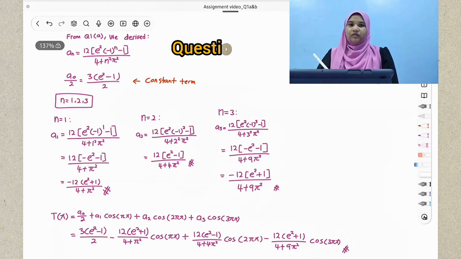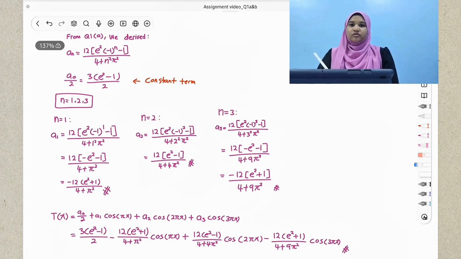For part B, we approximate the temperature using the first three non-zero terms. For our formula for a_n, we substitute n equal to 1, 2 and 3. For n equal 1, we get a1 equal negative 12 times e squared plus 1 over 4 plus pi squared.